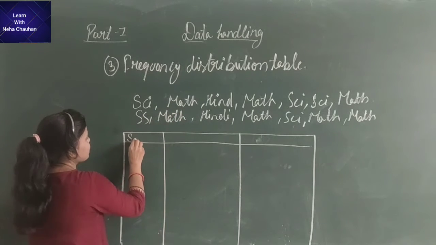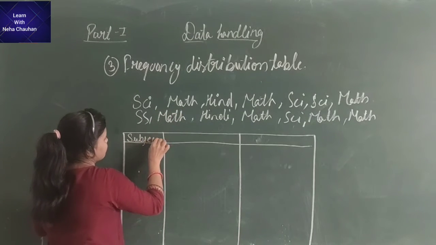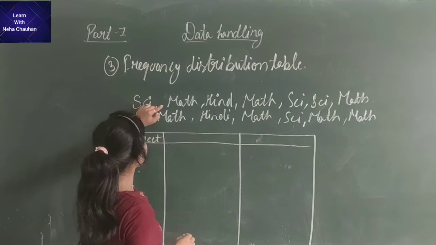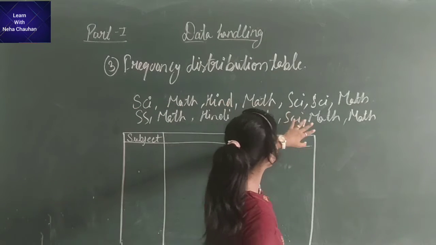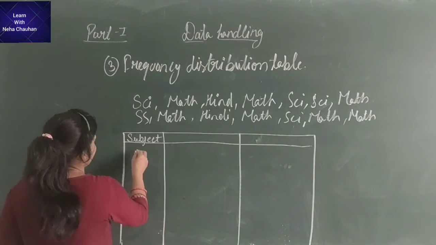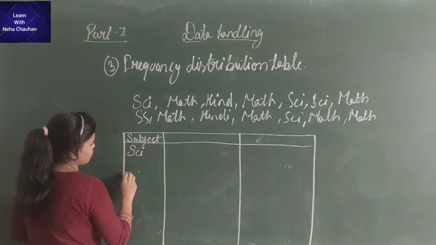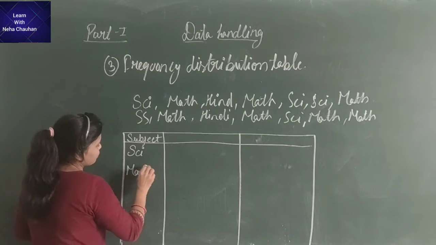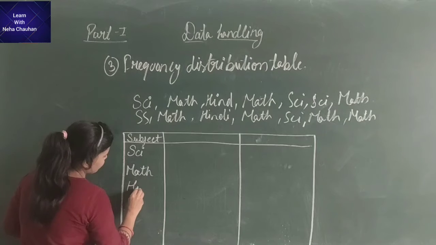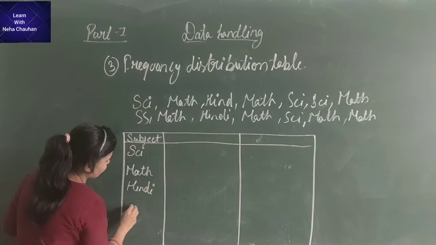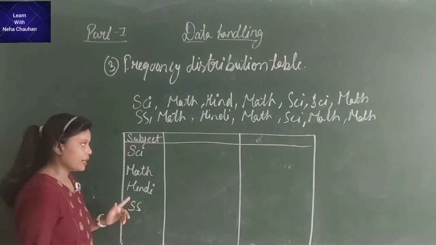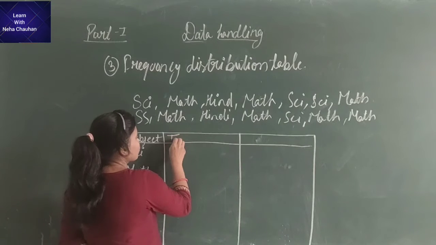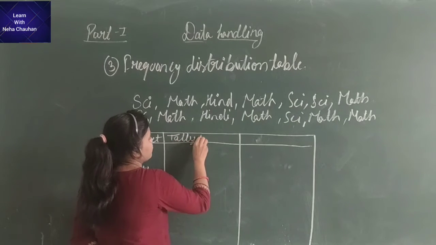So I will write subject. So I have 1, 2, 3, 4 subjects. So first is Science, second is Math, third is Hindi, fourth one is SS. Alright. In the second column you will write tally mark.